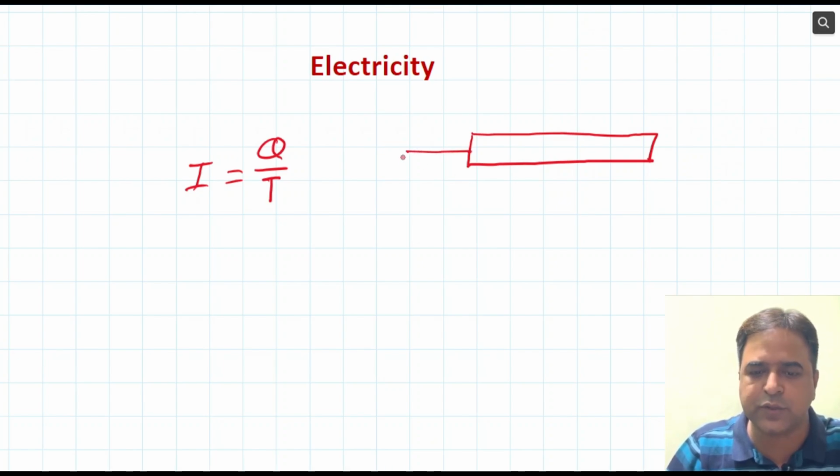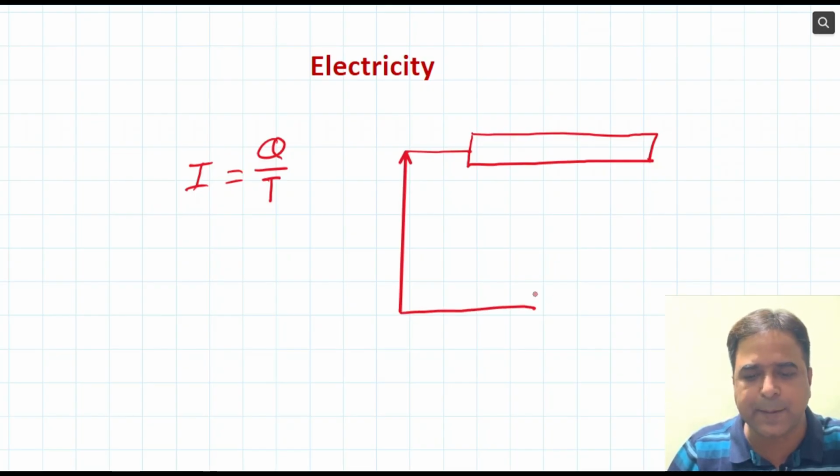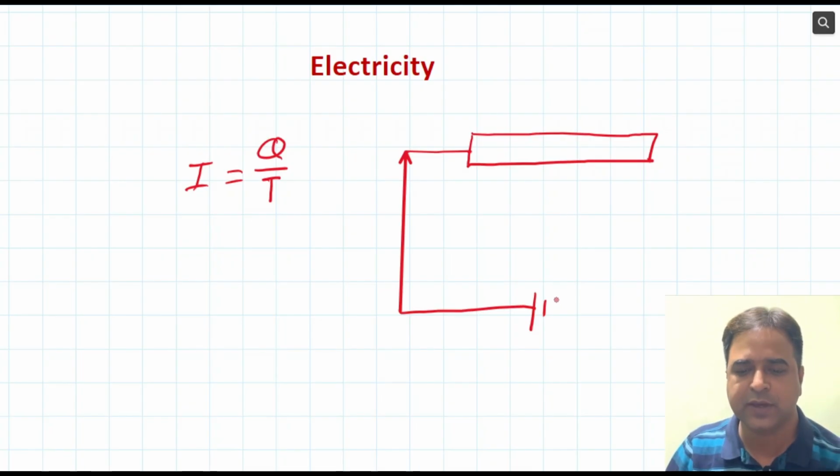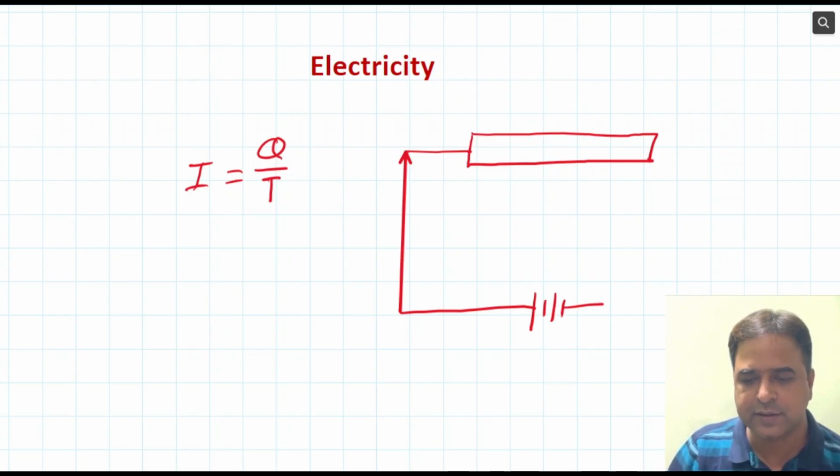Now you know why I have taken a metallic rod, because metals are said to be good conductors of electric current. Here this symbol we are taking for power supply, or you can say battery.